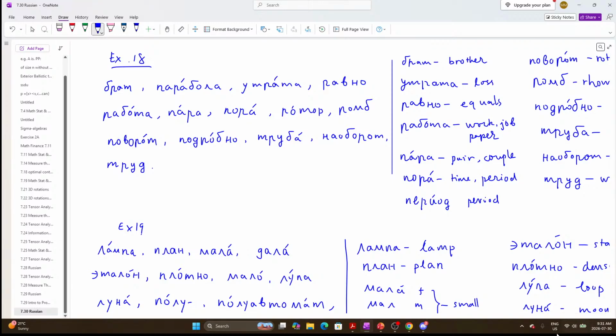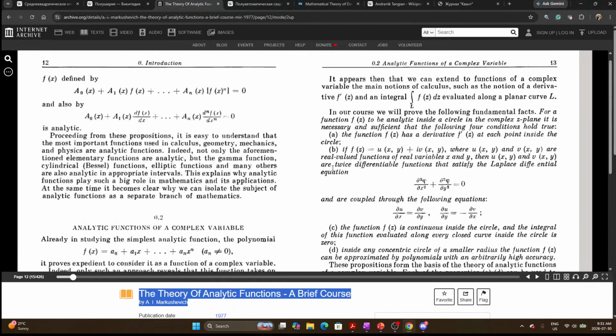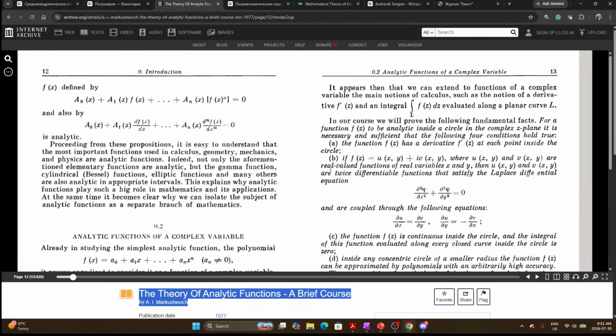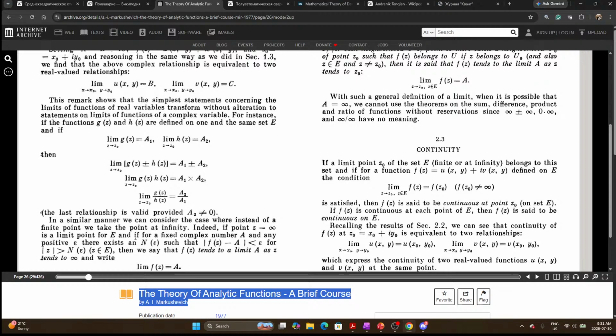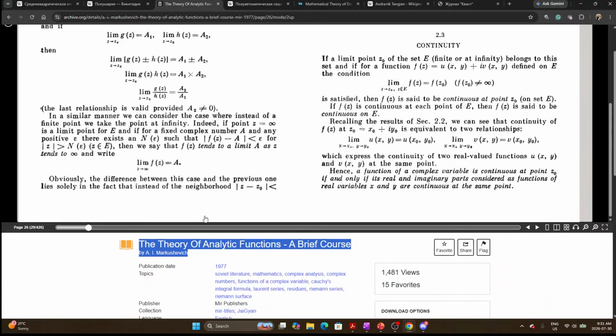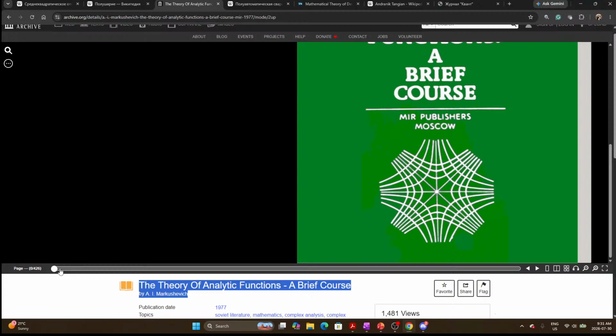Starting around 7 p.m., we will start working through some Russian complex analysis. This is extremely rigorous, by the way. But what I like about the Soviet approach is that even though the math can be very abstract, very rigorous, and uncompromising, it still keeps the physical intuition alive.